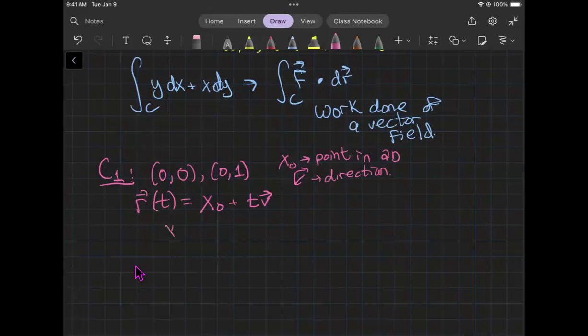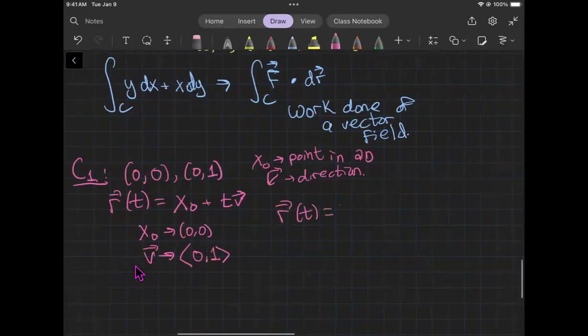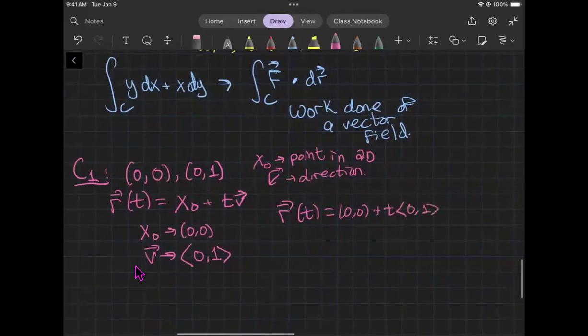So x not, the point, we can use the origin. And then v, the direction vector, will be 0, 1 minus 0, 0. So we just subtract the points component wise. So the direction vector will be 0, 1, right? So the parameterization of this line segment will be 0, 0 plus t times the vector 0, 1, where t is between 0 and 1. That's the definition of the line segment.